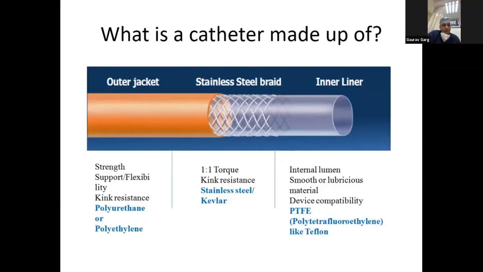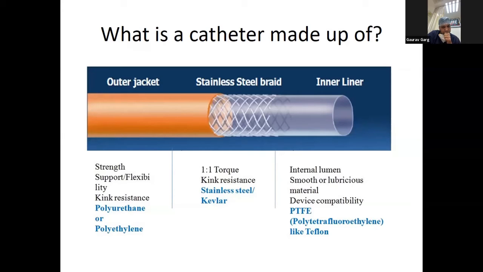So what is the material a catheter is made up of? It has an outer jacket, a stainless steel braiding, and an inner layer. The outer jacket is usually made up of polyurethane or polyethylene, but different manufacturers use different materials. Some manufacturers use Dacron also.